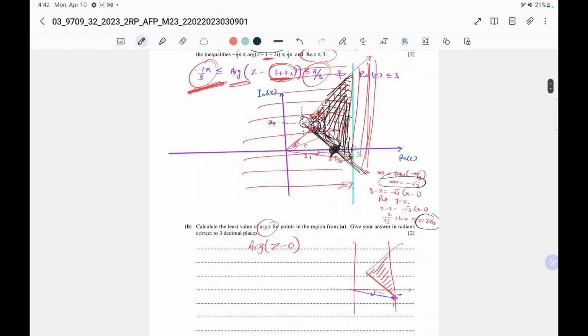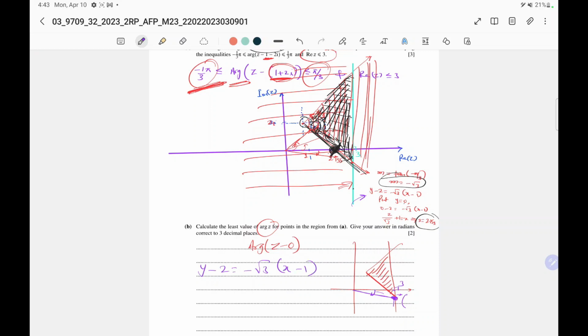So how will I find this point? This is very, very important. For this point, x is 3, we know that. But we don't know the y coordinate. For the y coordinate, we can use the result I found over there: y minus 2 equals minus root 3 times x minus 1.